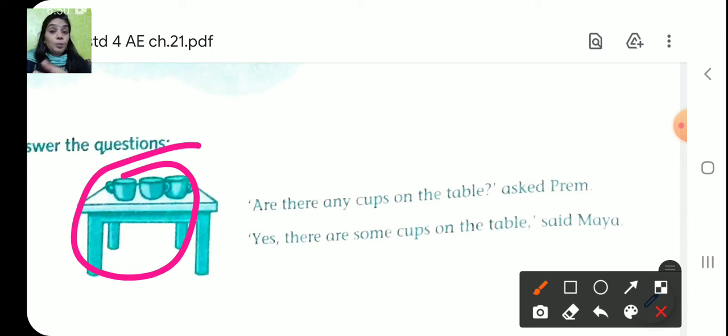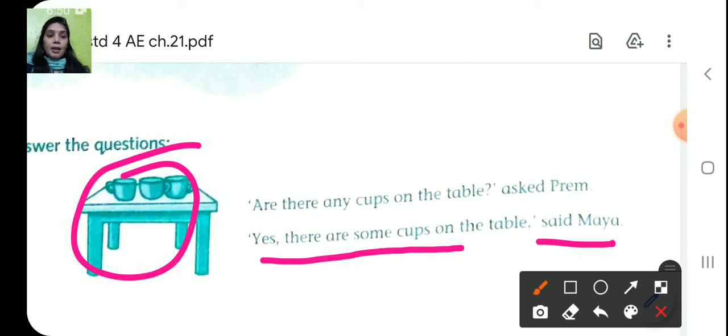It is plural form, a countable noun. Yes, there are some cups on the table, said Maya. Whoever is saying it, said Maya, said Anu, said Prem, is already given in your book. So you just have to write, yes, there are some cups on the table.